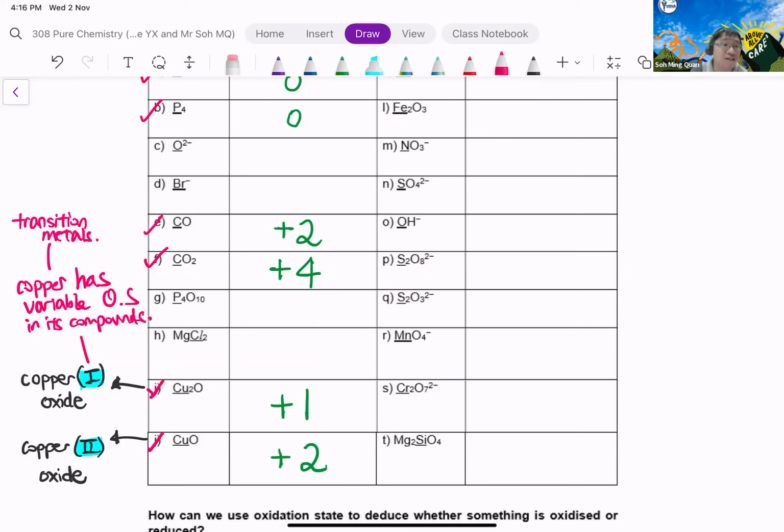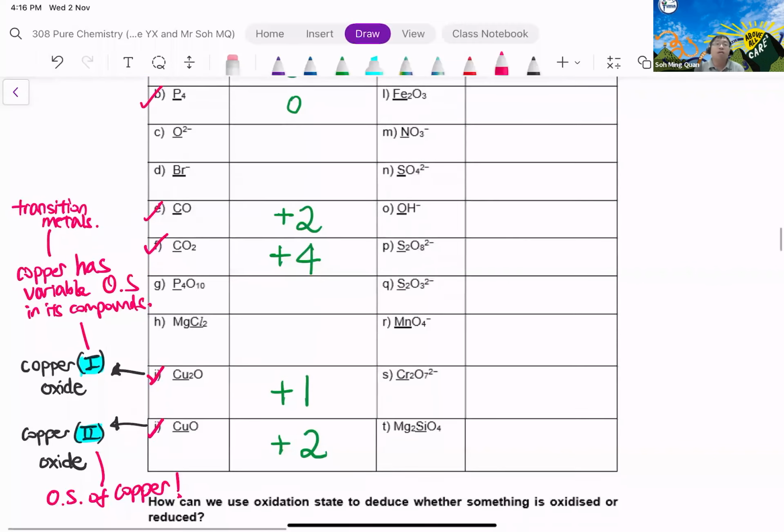The 1 and 2 is the oxidation state, or the charge on the copper. Similarly, you have learned these Roman numerals for iron. Iron 2, iron 3: the 2 and the 3 refer to the oxidation state or the charge on iron.